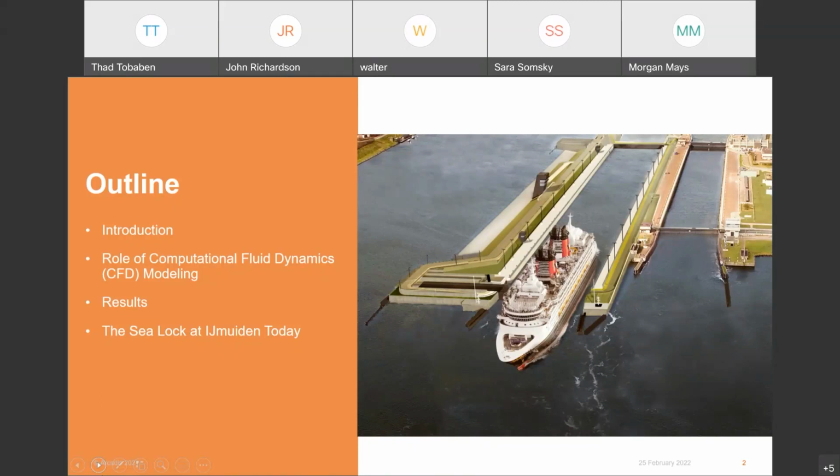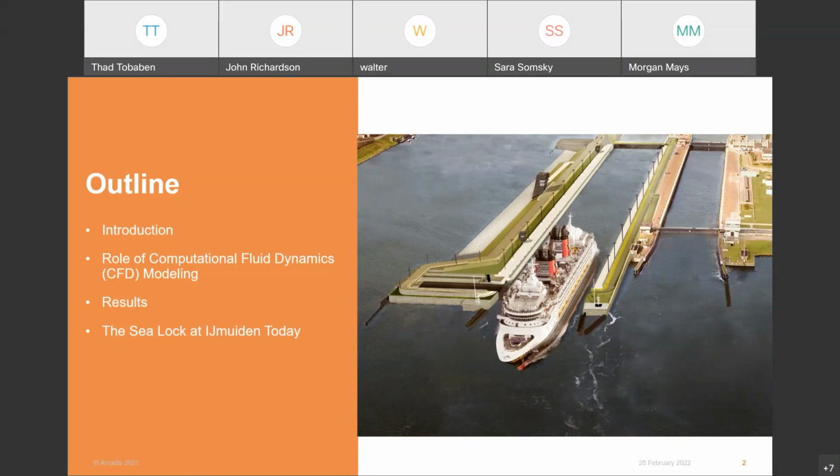So what I'd like to do today is briefly introduce you to the project, explain what the role of CFD modeling was in the work that was carried out, share with you some of the results of that work, and then make a final comment about the lock today. Afterwards, certainly I'd be interested in answering any questions that I could for you.